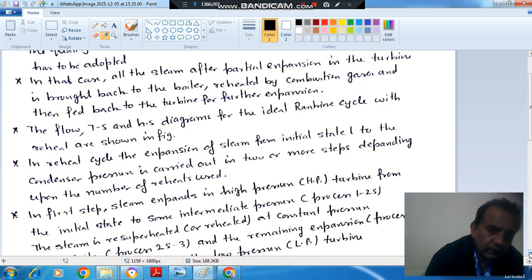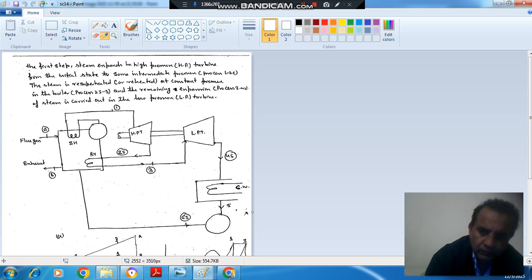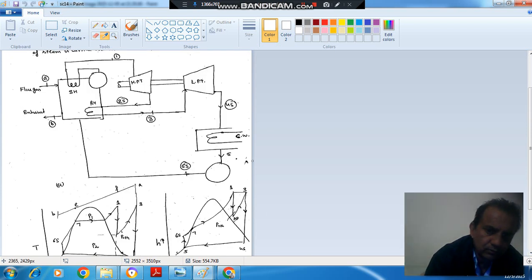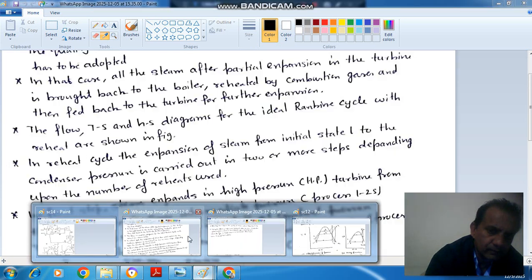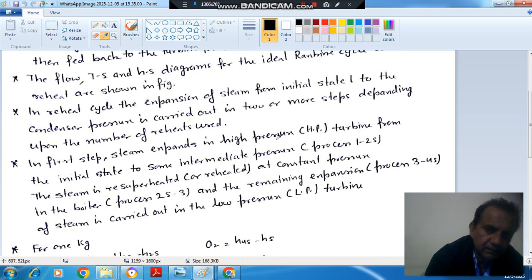Next one is, in the reheat cycle the expansion of steam from initial state 1 to condenser pressure is carried out in two or more steps depending upon the number of reheats. So here only one reheat is there, and reheating is done from 2s to 3. In the first step, steam expands in the high pressure HP turbine from the initial state to some intermediate pressure, process 1 to 2s.